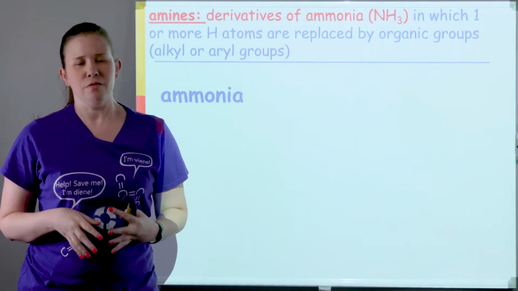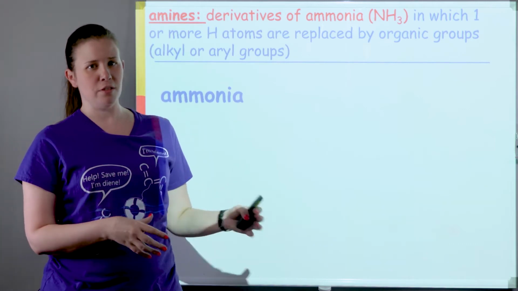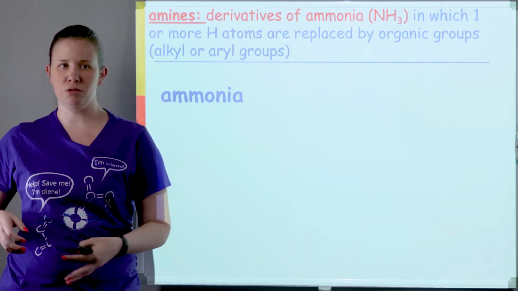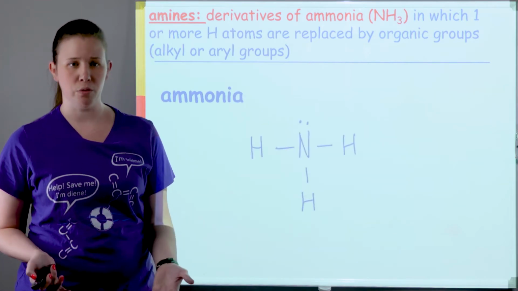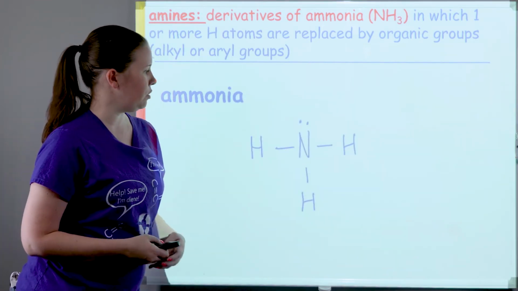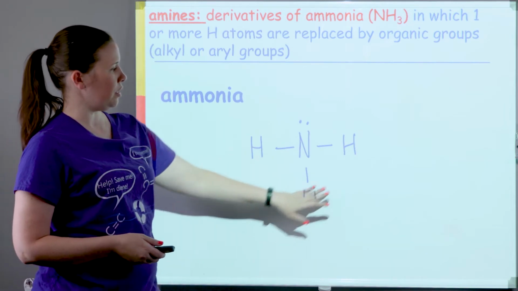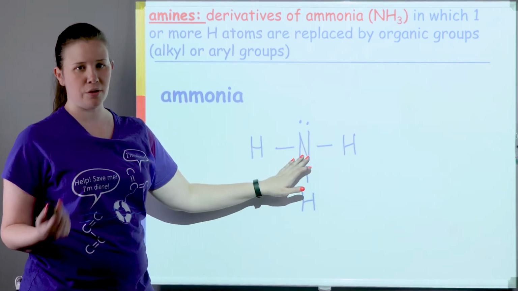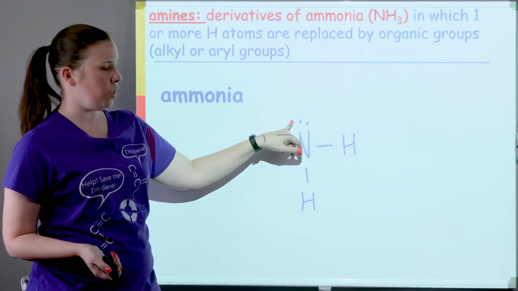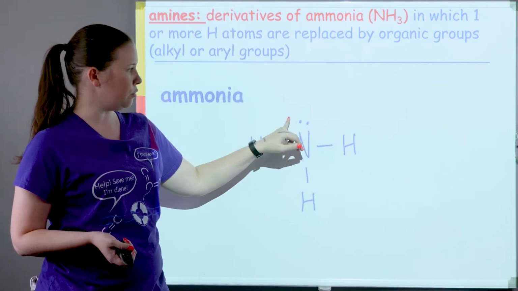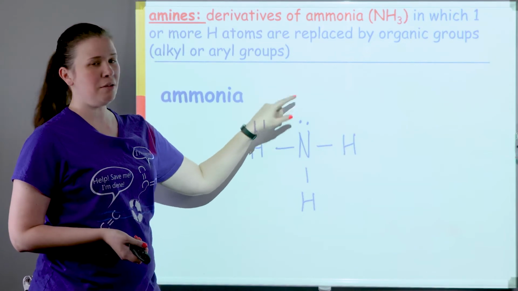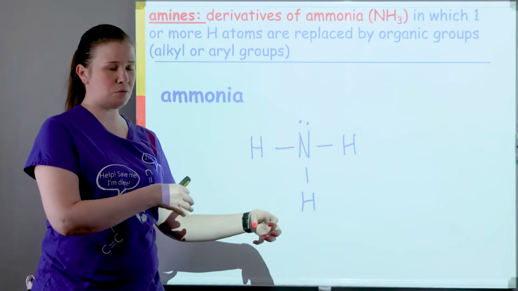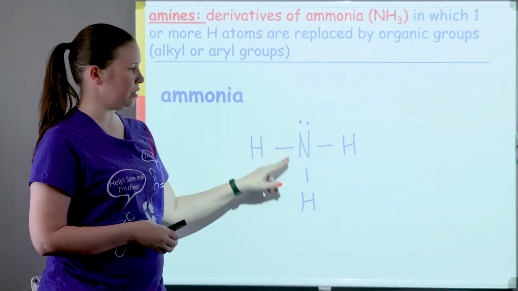All right, now let's shift gears from oxygen-based functional groups to nitrogen-based functional groups. These are all going to be derivatives, or things that come from ammonia. So the basic structure of ammonia is this, where we have 3 hydrogens attached to the nitrogen by all single bonds, and then on one area you have a single lone pair. So that lone pair is actually in the s orbital, and these are bonding p orbitals.